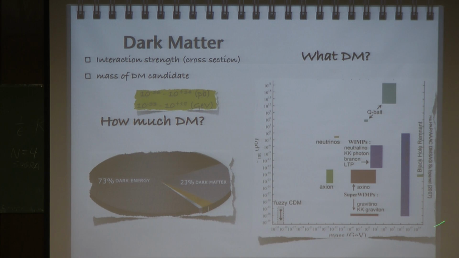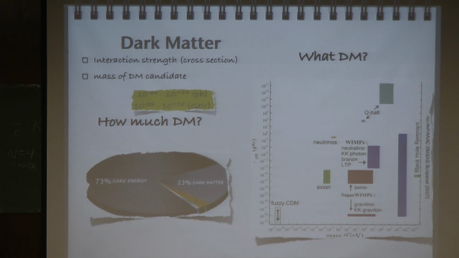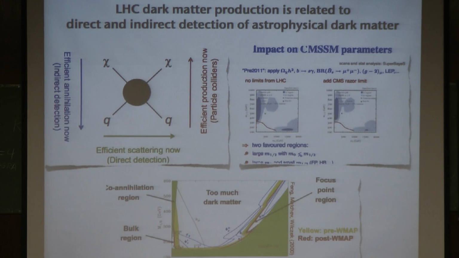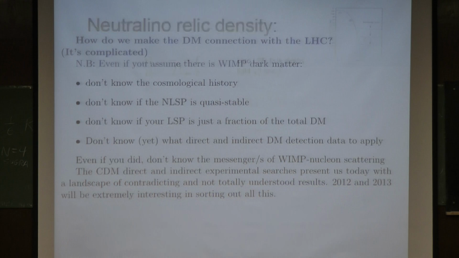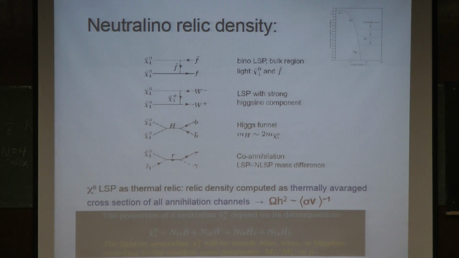On the other hand, you've got all these other types of particles, from axions, axinos, gravitons, in all sorts of other theories, that could potentially be the dark matter candidate. So in the last 5 minutes, the one thing that I wanted to tell you is that in supersymmetry, this neutralino is decomposed into bino, wino, and higgsino.